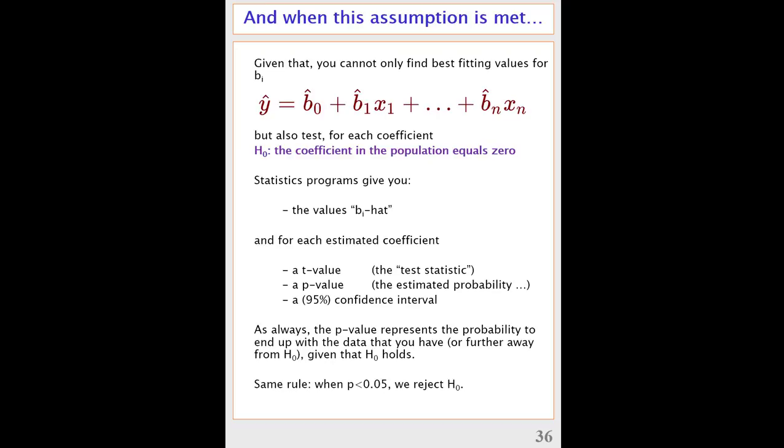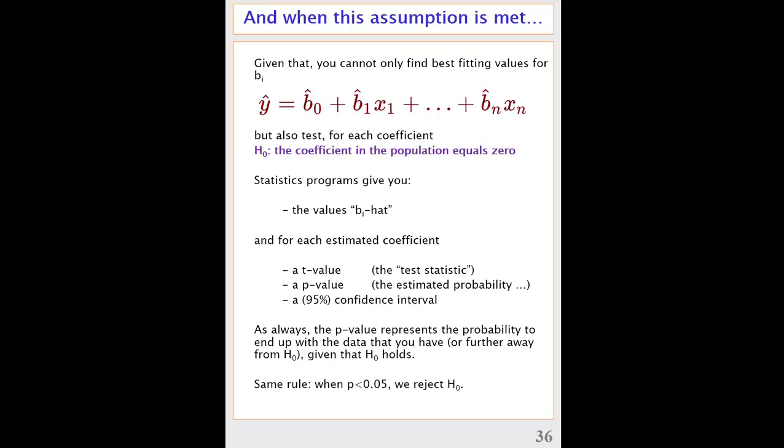How likely would it be that we get the data that we have if indeed in the population that B1 would be 0? The statistics programs obviously give you, and we've seen that a couple of times, these estimated B's, and you get what's called a T value, a P value, and a confidence interval. I'll show you that in detail in a minute. So in this sense, when we went through the standard setup for hypothesis testing, this is nothing new.